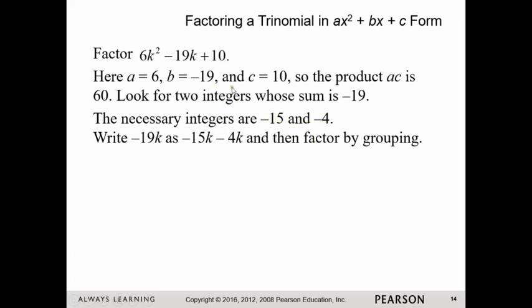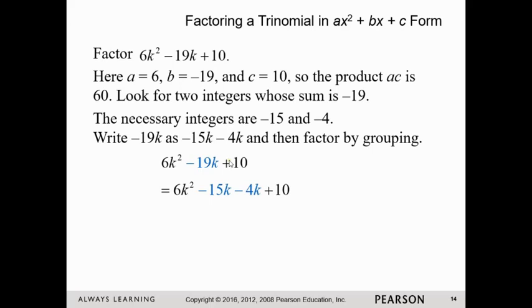So what we're going to do is rewrite negative 19k as negative 15k minus 4k. Notice that we're putting negative 19k in blue to emphasize that we're rewriting it as negative 15k minus 4k. So what we're actually doing here is unfoiling.